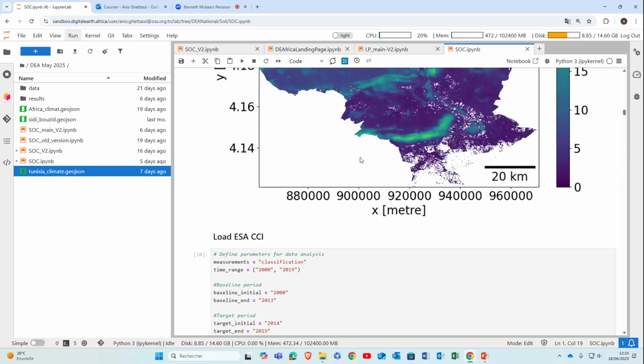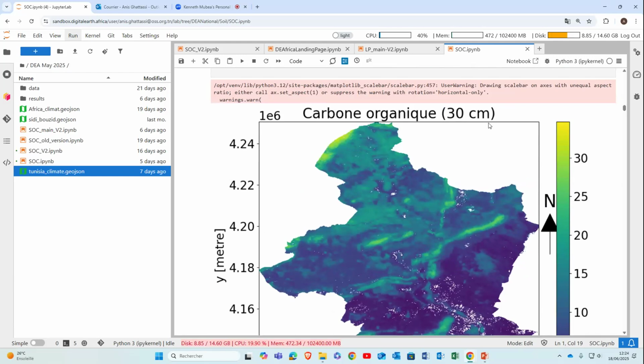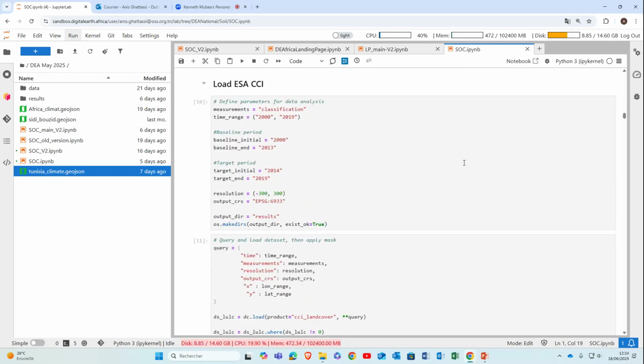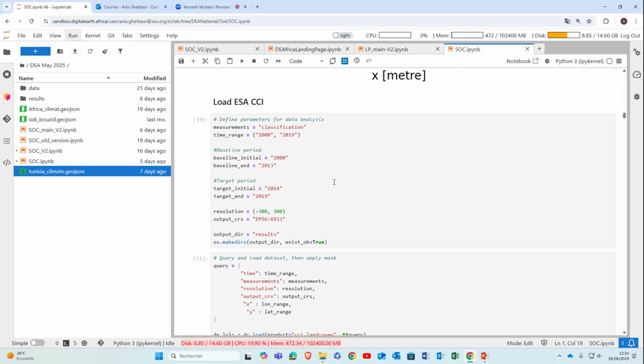After extracting the data and computing it at this scale, we loaded the ESA CCI for the time range from 2000 till 2019. First we selected the baseline period from 2000 to 2013, and the target period from 2014 to 2019.